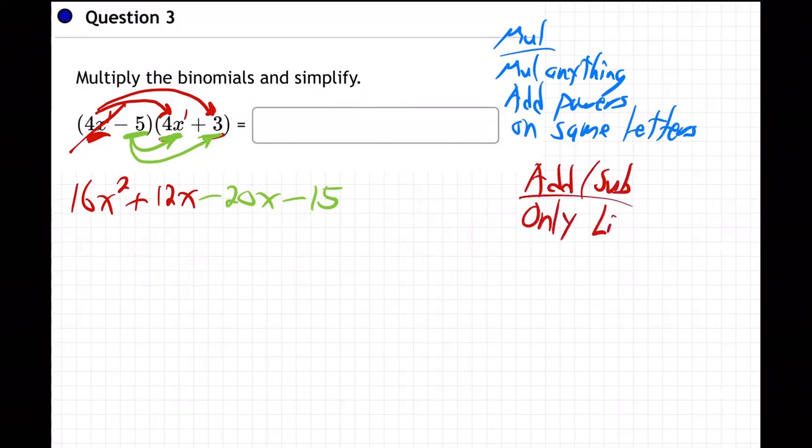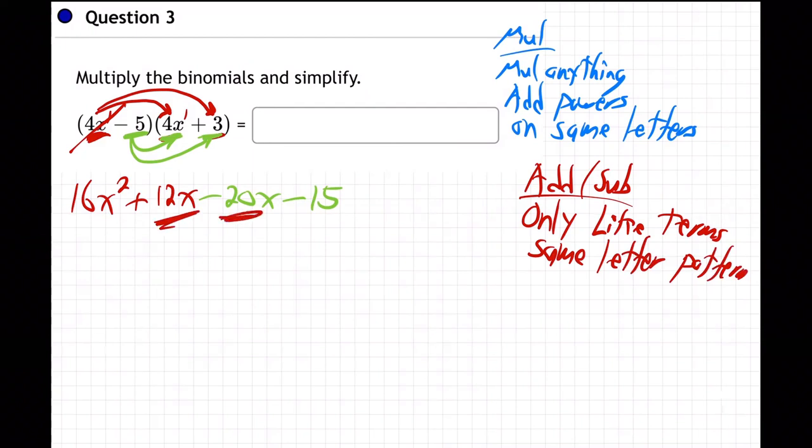Only like terms. And like terms mean same letter pattern. So like these two, let me change my colors here. These two, notice, are like terms. So we're going to go ahead and subtract those two.